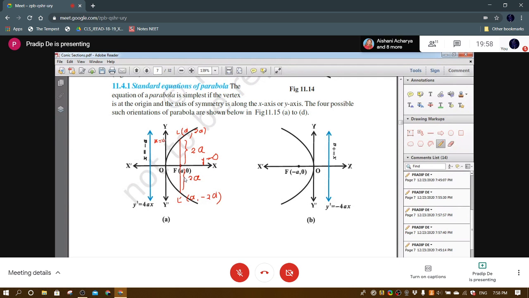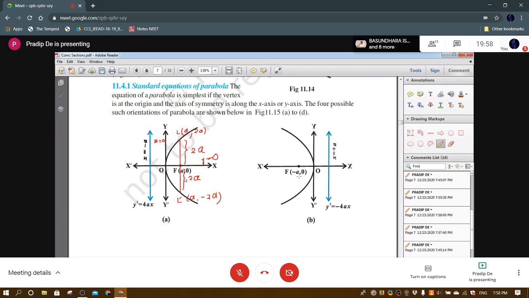So can you tell me the same thing for this parabola? When the equation is y square equal to minus 4ax, number 1, vertex 0, 0. Number 2, focus minus a, 0. Number 3, equation of directrix, x is equal to plus a. Number 4, length of latus rectum, 4a.